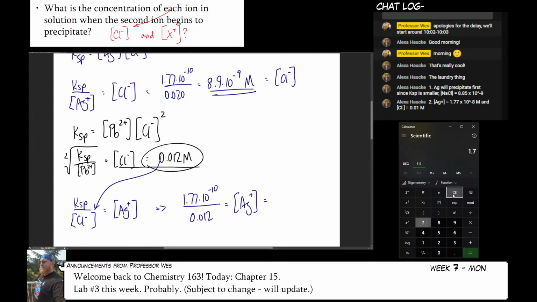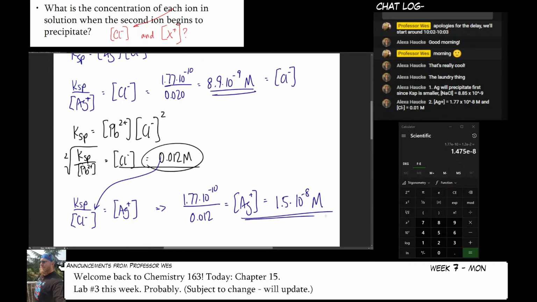I said the number that I was expecting, and then I typed in that number. Divided by 0.012. Yeah, there we go. That's more like it. So I got 1.48 times 10 to the minus 8, which should be 1.5 because sig figs. Nobody likes sig figs. I get it. There we go.